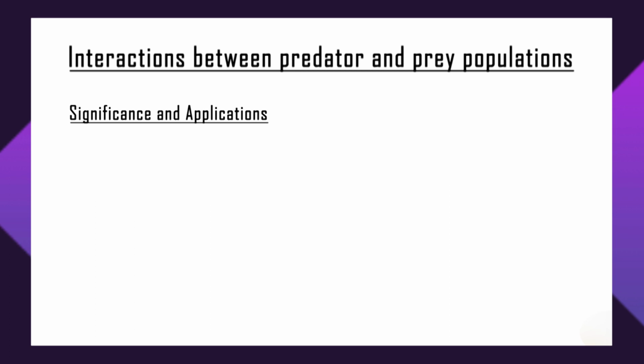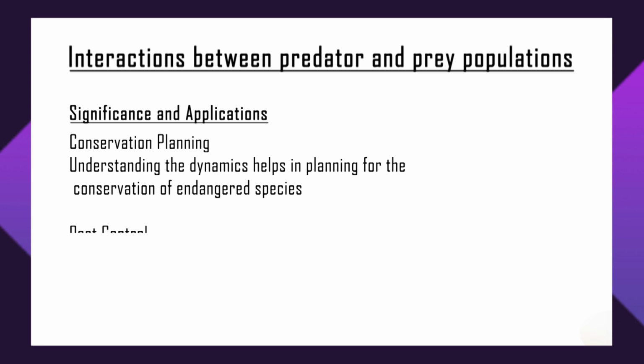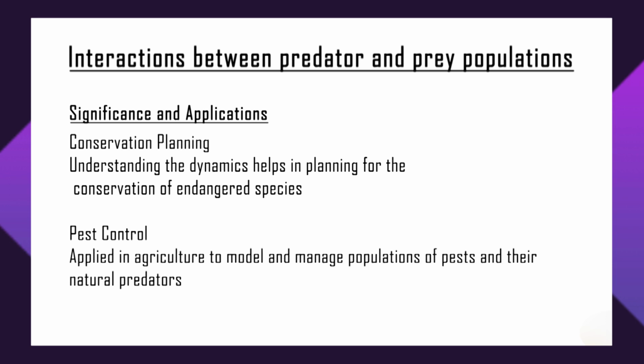Conservation planning: understanding the dynamics helps in planning for the conservation of endangered species. The next important application is in pest control. These are applied in agriculture to model and manage the populations of pests and their natural predators.